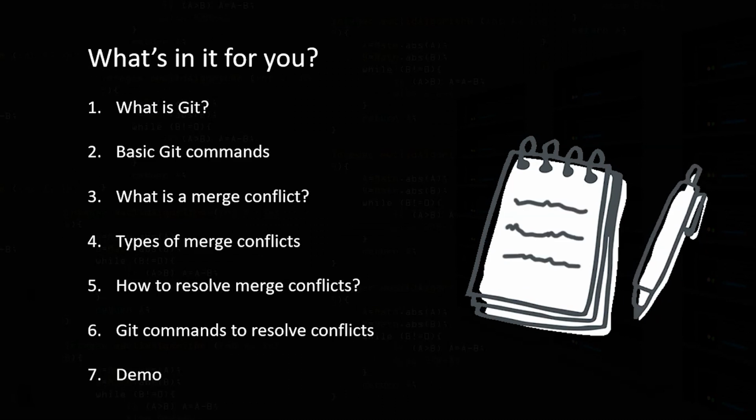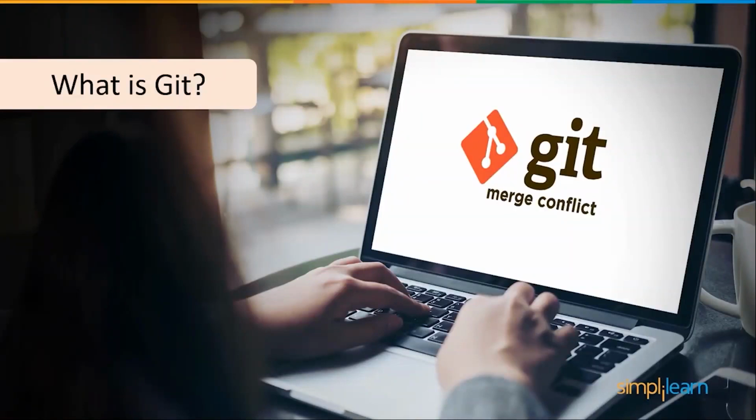And then we will go on with a small demo to better understand how these conflicts can be resolved. So let's first talk about what exactly a Git version control system is.